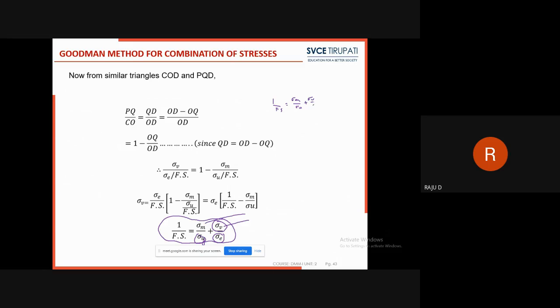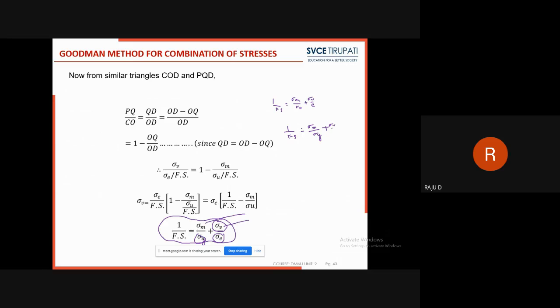If it is the Soderberg method, 1 by factor of safety is equal to sigma m by sigma y plus sigma v by sigma e. Since it is a relation between sigma e and sigma y, we have to use sigma y here. This is a basic formula.